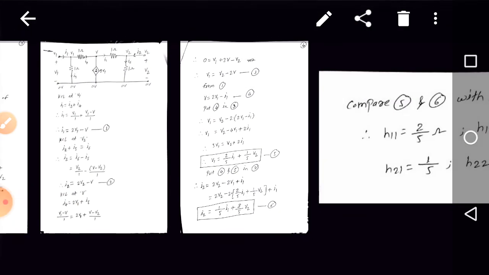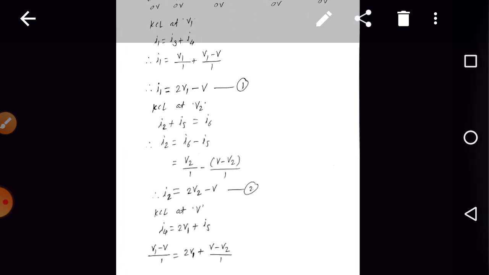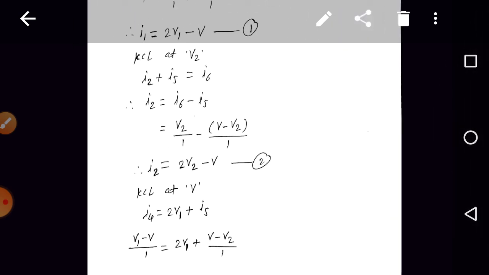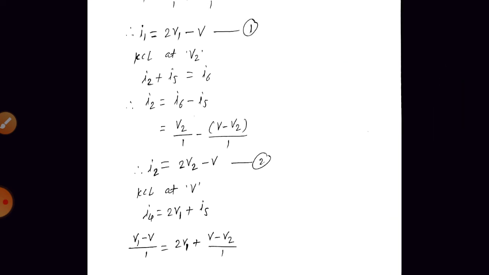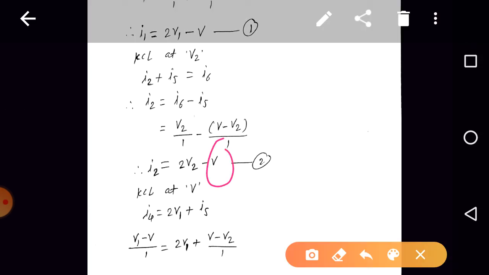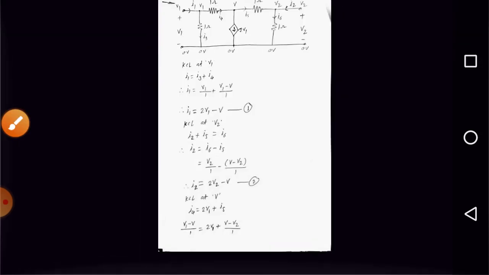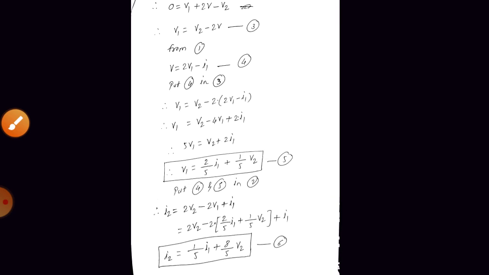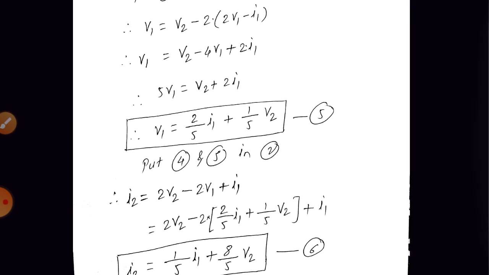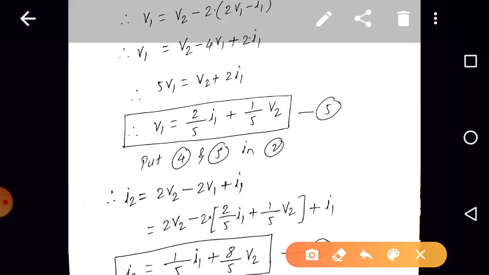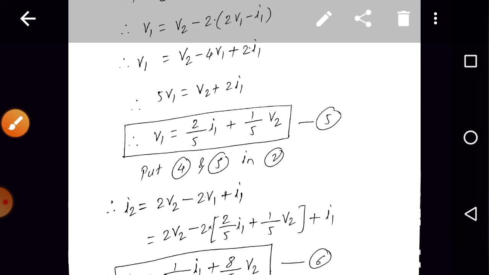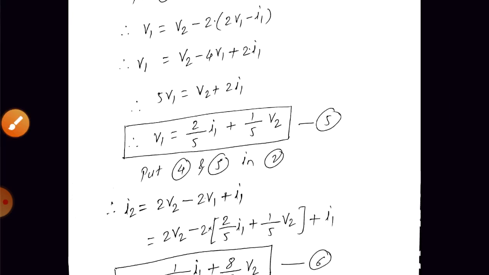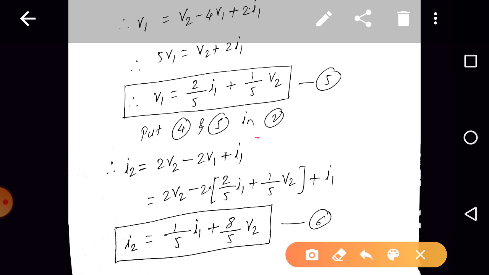So let us check equation 2. Yes, I2 is equal to 2V2 minus V. First replace this V with equation 4. Instead of V, we need to write 2V1 minus I1.